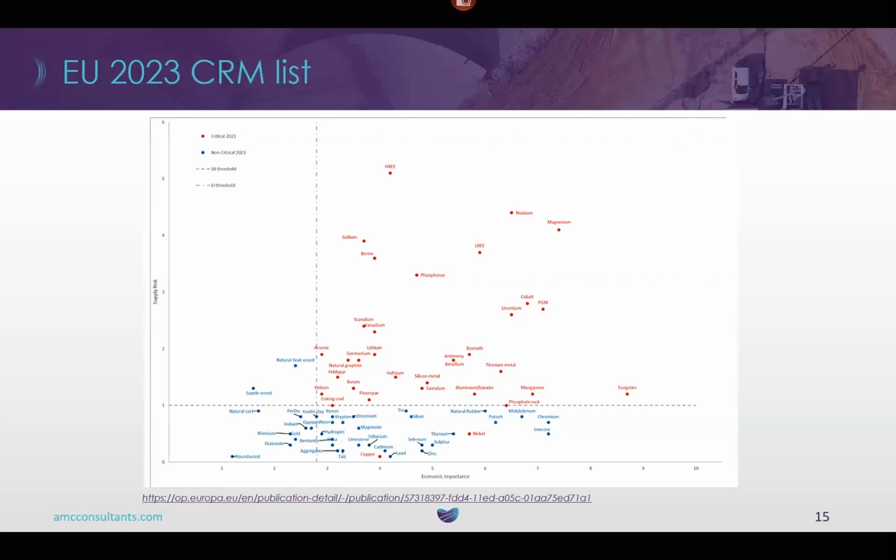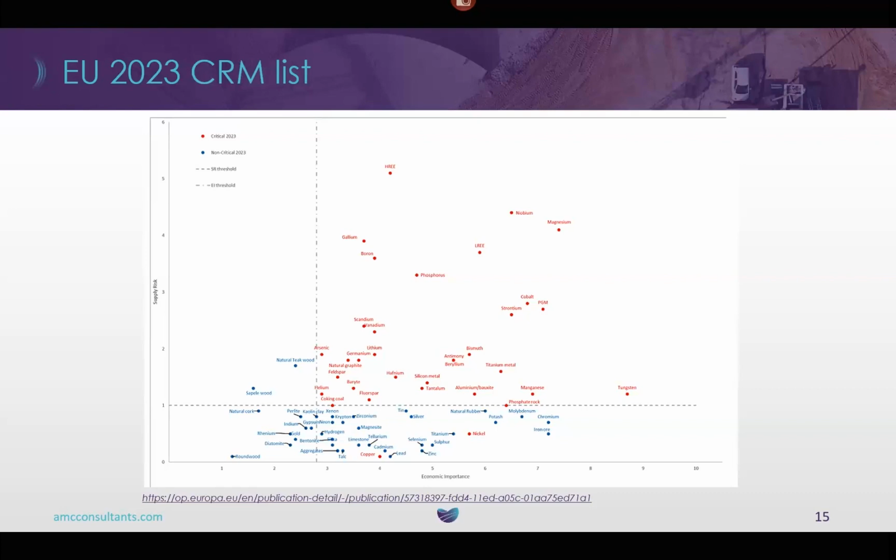So again, we can't just say, well, we've got nickel, what is the type of nickel? The same when we're looking at things like graphite. What is the type of graphite? Amorphous graphite cannot be used for some of the type of things that you would need a large jumbo flake for. So you can't make graphene or spherical graphite from an amorphous graphite type deposit. You need specific type deposits.